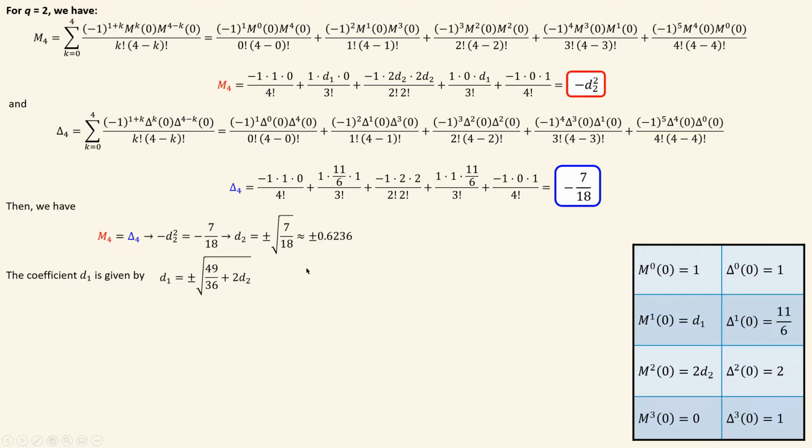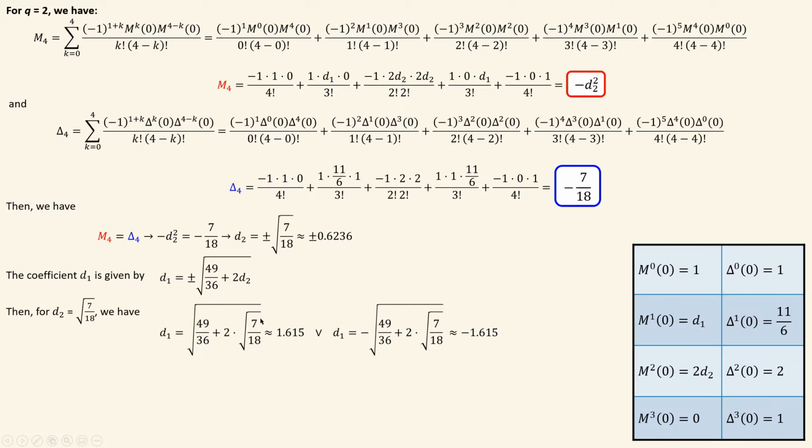So first start with the positive one, and then we will do also the negative one. So for the positive one, we'll just take the exact value, we will have this expression here, and you will also have the negative one. So you will have 1.615, and the other one is minus 1.615.